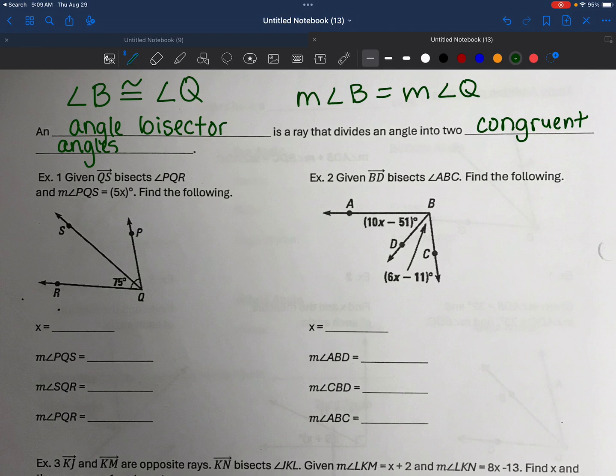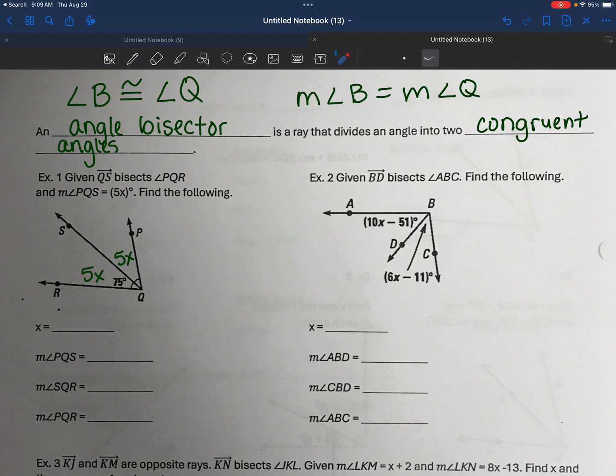Okay, so on example 1, it tells us that QS bisects angle PQR and that the measure of PQS is equal to 5x, okay? Now, if PQS is equal to 5x, what do I also know about SQR? 5x.